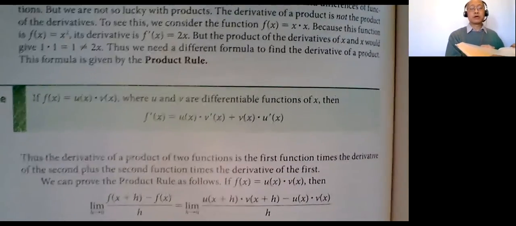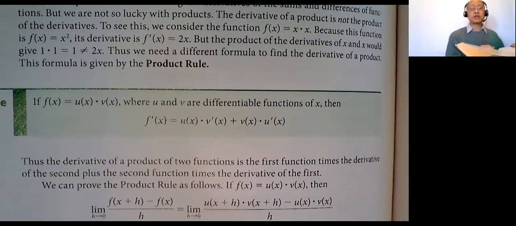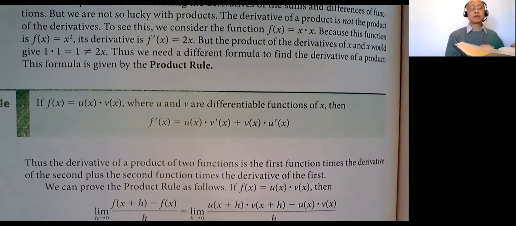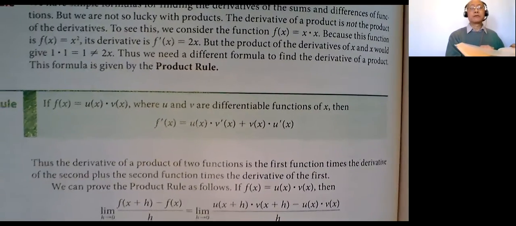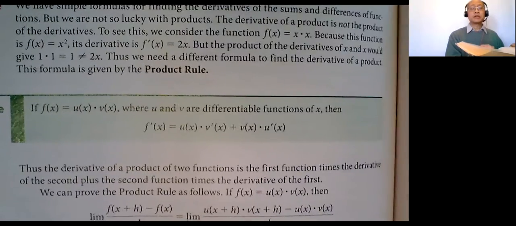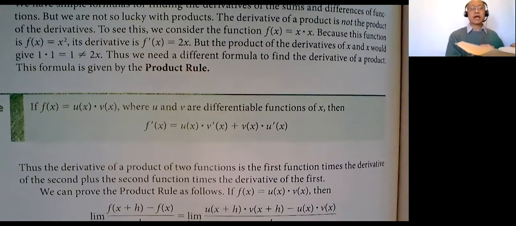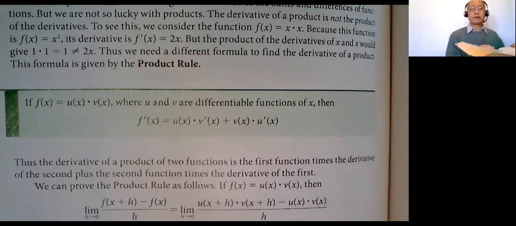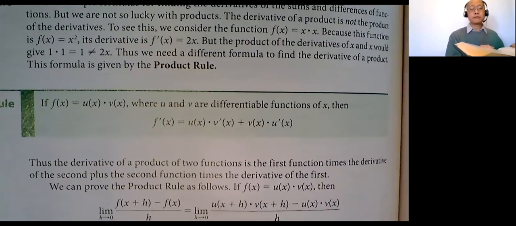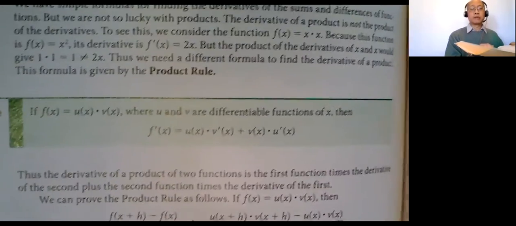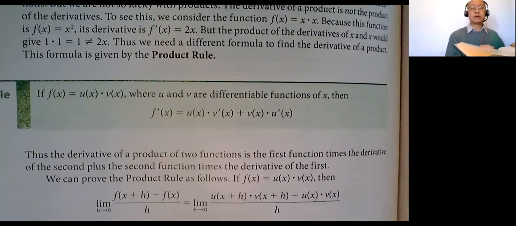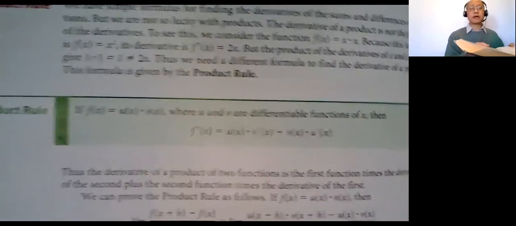Okay, so in words, you just copy the first function and you multiply it by the derivative of the second function, plus the other way around, you switch it. Second function times the derivative of the first function. Okay, I'll use that language quite a bit. So definitely put this on your next formula sheet, your cheat sheet for the test. It's called the product rule. Product means you're multiplying, right?